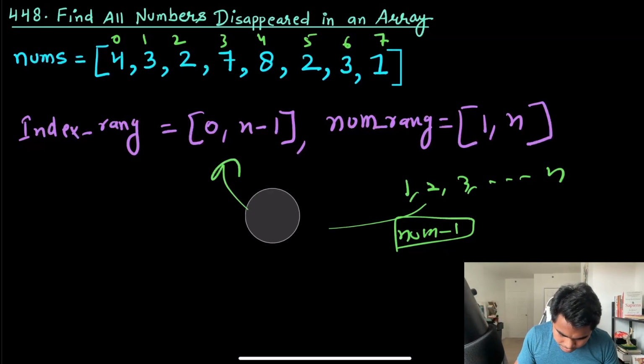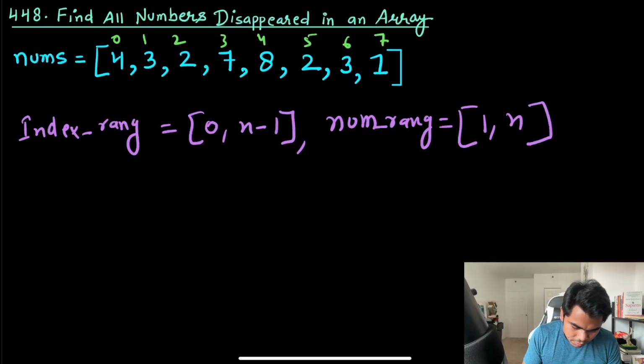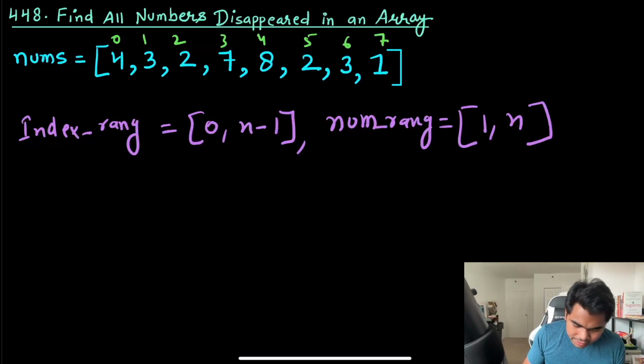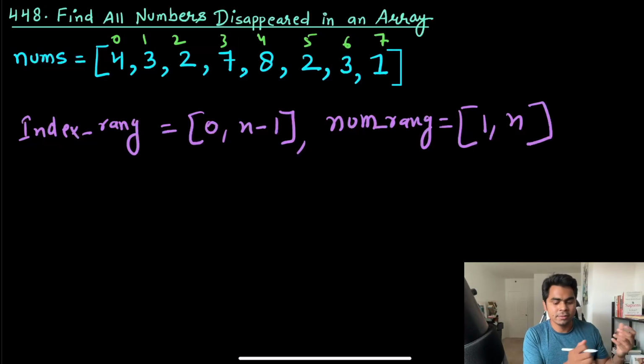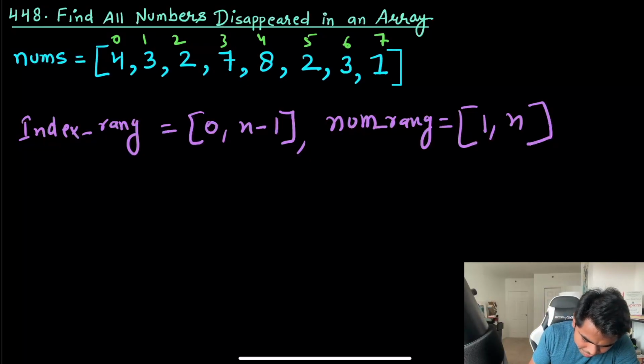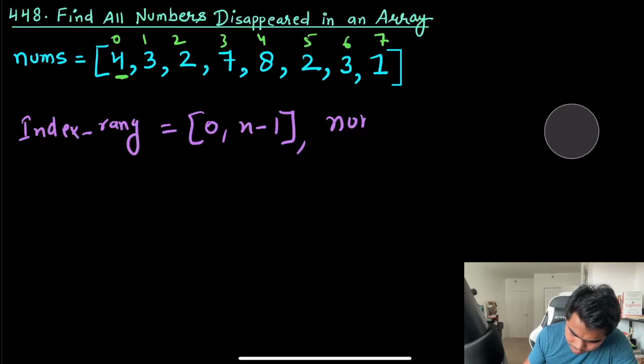So what I'll do is all these numbers in my array also present the index. So rather than having this set of these unique values, I will visit all these numbers, and for each of these index, let me just remove this.